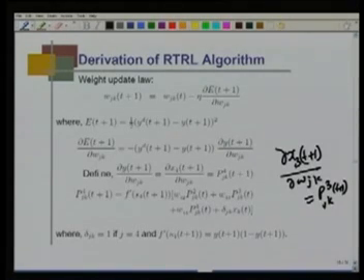As usual, we showed this in the simple recurrent network with one neuron.